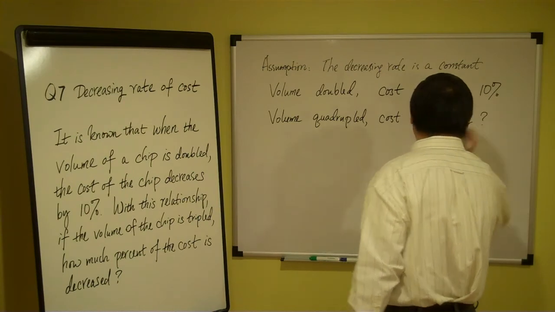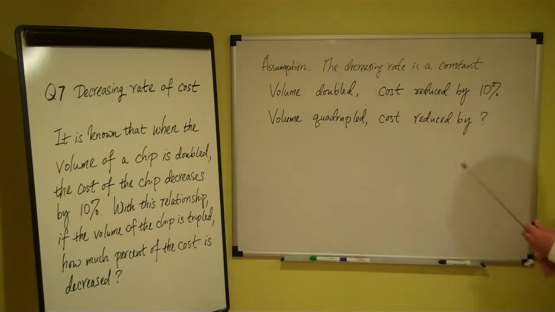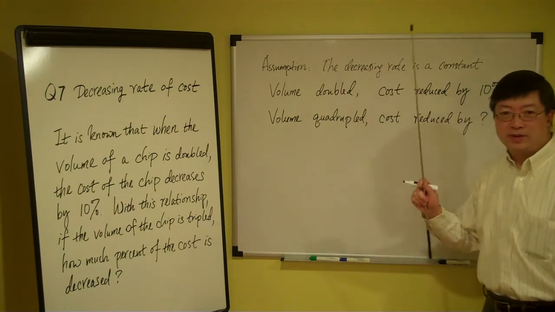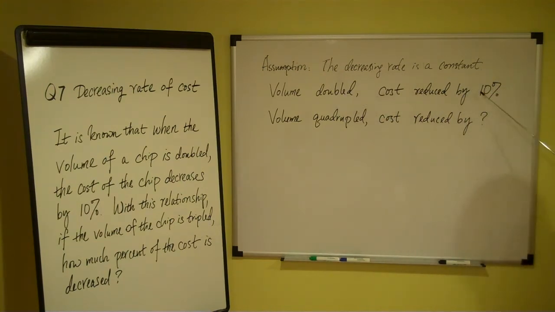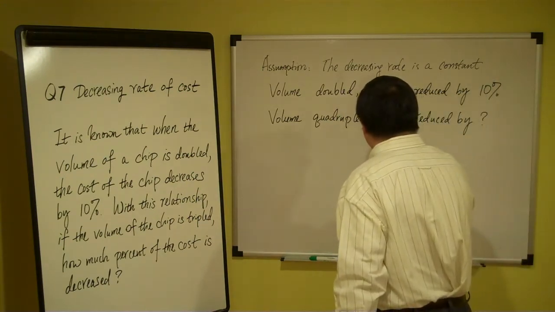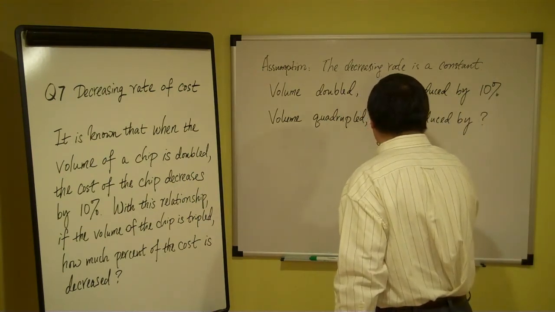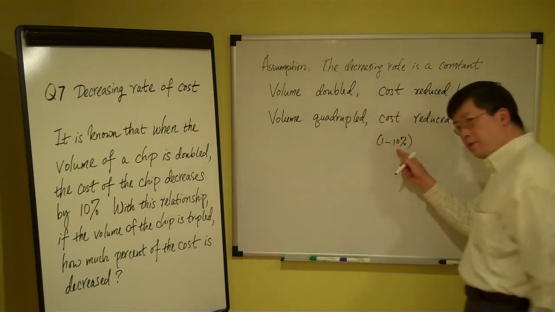Because quadruple is doubled twice, it's much easier to calculate than tripled, because we can use this relationship twice. 1 minus 10% is the factor when the volume is doubled.